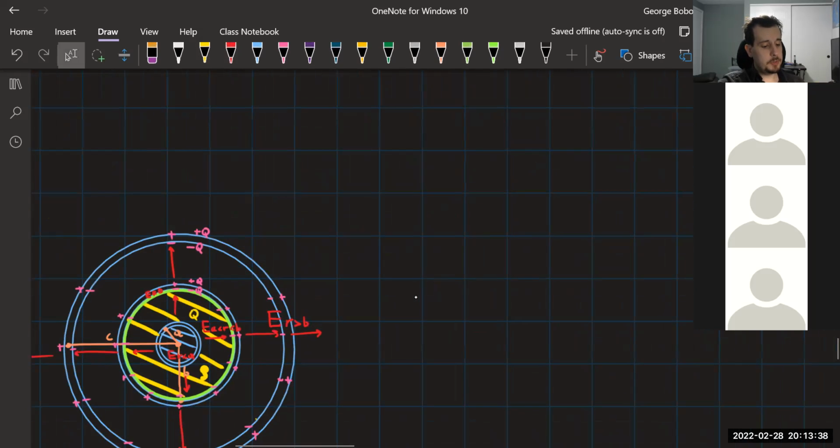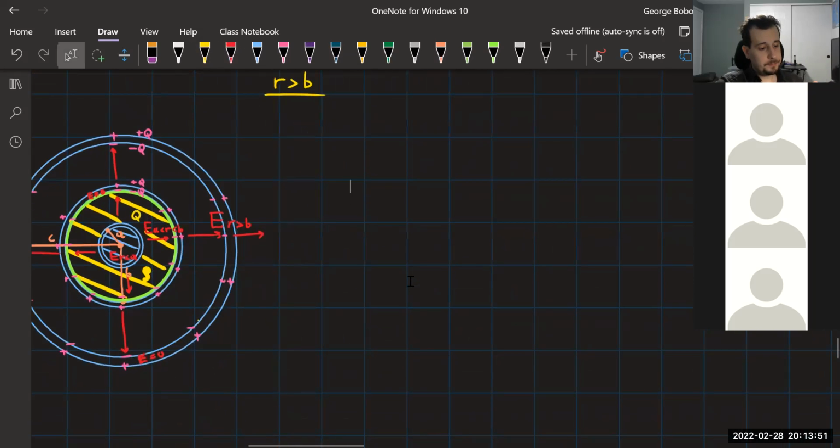If we're doing the very outside, again, R greater than B, that's our first region that we investigate. Well, that means we could be here, by the way, anywhere after the radius B. So I'll choose the point to be here for clarity.